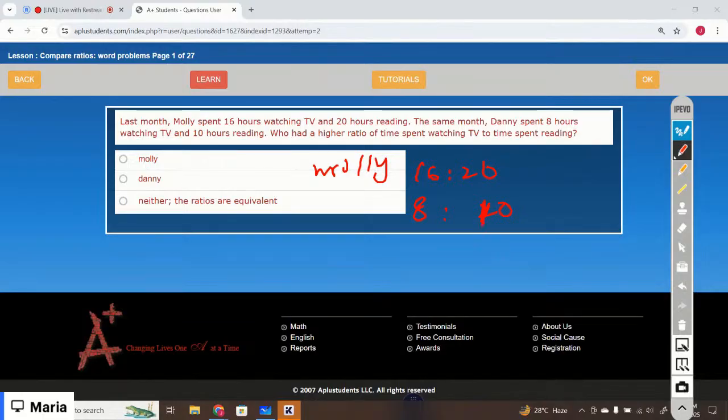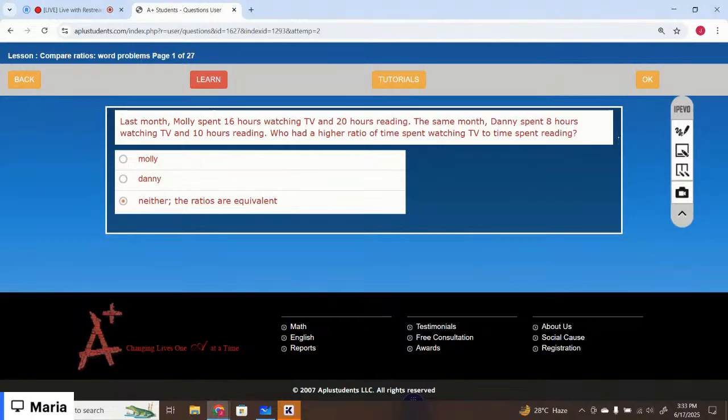The correct option is they are equivalent.